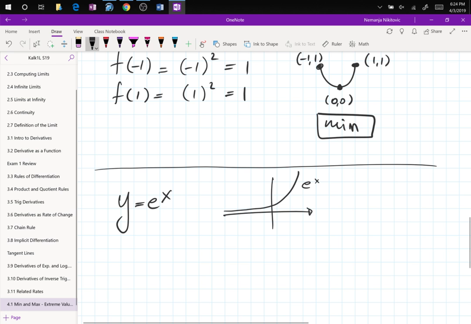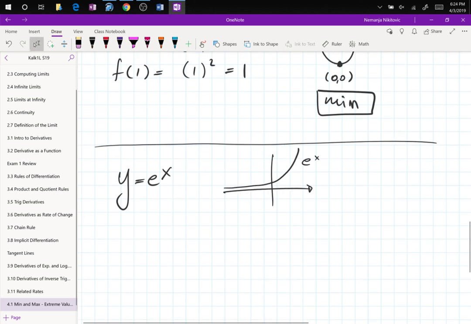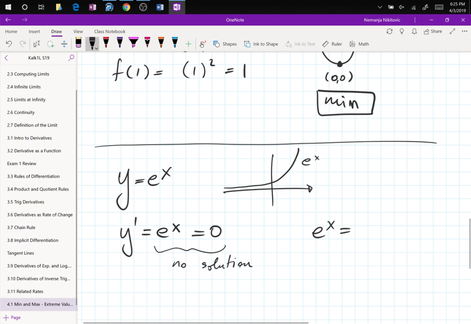Can we detect that using calculus? Well, of course. Y prime is e to the x, and now we set that equal to 0. E to the x equals 0 has no solution. Before you start screaming why and how, e to the x equals 0, take ln of both sides. You get x equals ln of 0, which is negative infinity.